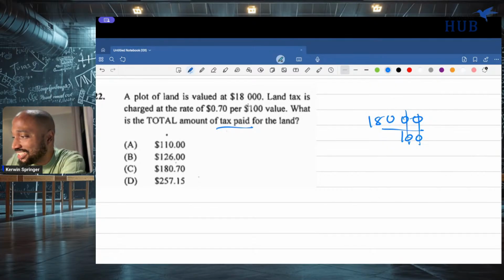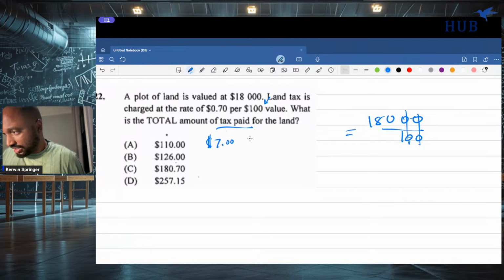So 180 groups of 100 in this. There's another way to do it too: if this is $7, this is $1,000. So for every $1,000, $7 tax. So you do 180.